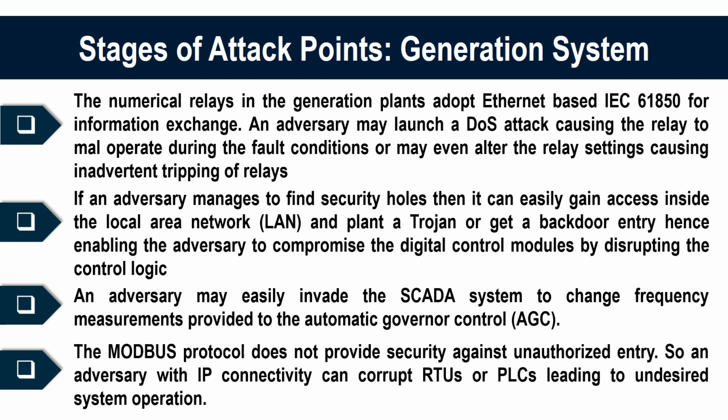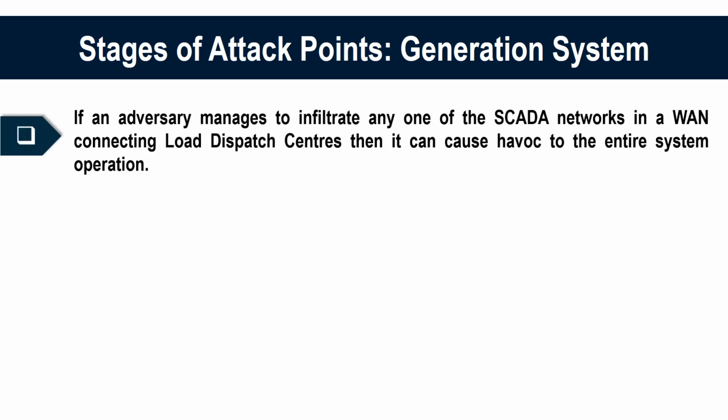At the transmission side, all these distributed transmission systems are also networked through a wide area network, and if an adversary manages to infiltrate any one of the SCADA networks in a WAN connecting the load dispatch center, then it can cause havoc to the entire system operation.